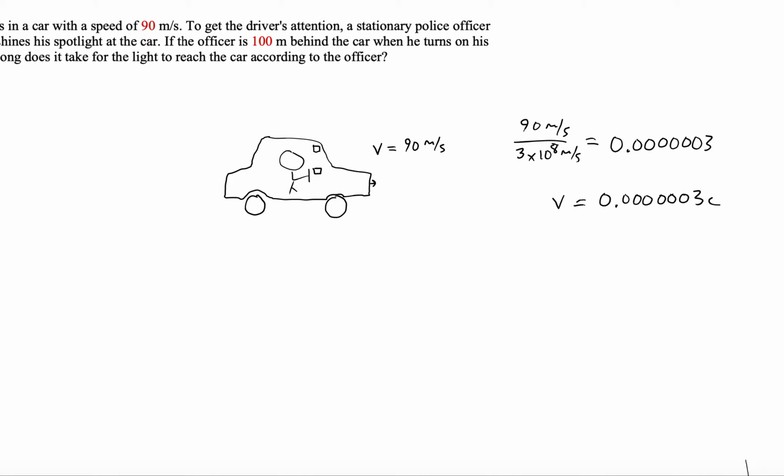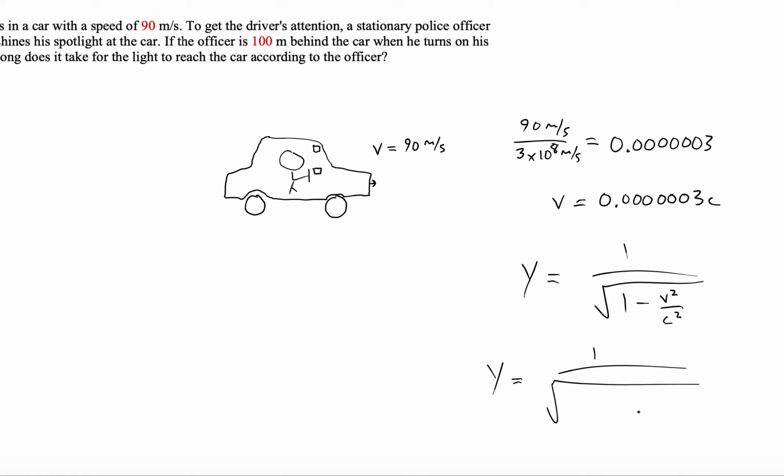So if we were to calculate the Lorentz factor for this, we would use the formula gamma equals 1 over square root of 1 minus v squared over c squared. Let's find out what the gamma really would be. It would be 1 over square root of 1 minus 90 meters per second.